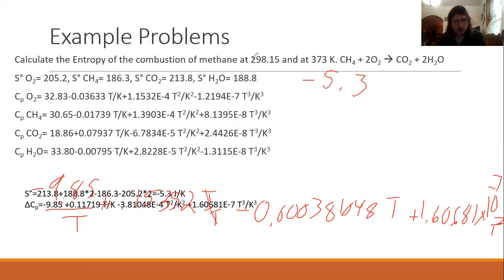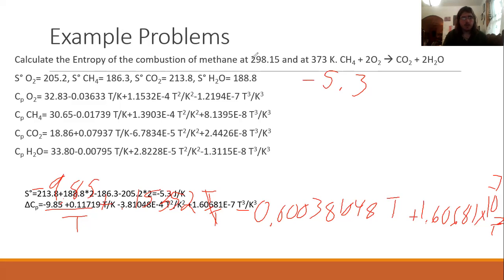So negative 0.00795 times 2 plus 0.07937 plus 0.01739 plus 0.03633 times 2. I'm thinking I got the same number again. I'm going to work with my number there, but either there's a typo in my equation up there or a typo down there. It doesn't really matter. I'm going to make a small change.